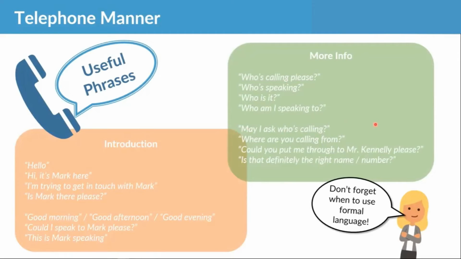But to make that a question, we switch the order. We bring the auxiliary verb to the front. Am I speaking to Megarius? So, therefore, when it's a question, we know that the auxiliary verb comes first. Who am I speaking to? Okay, so I hope that answers your question.